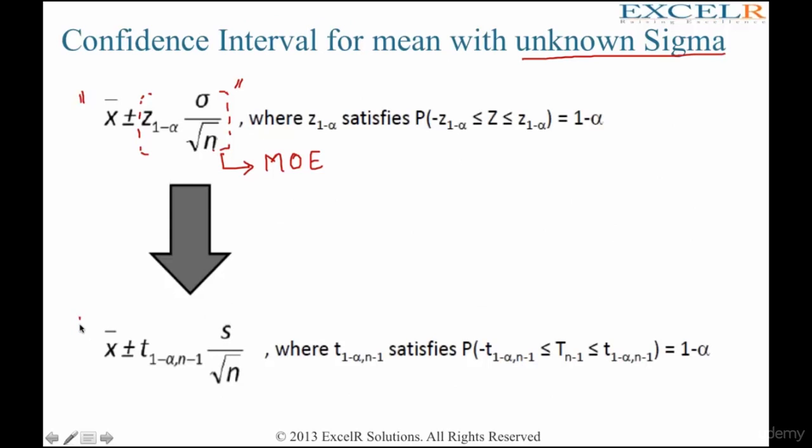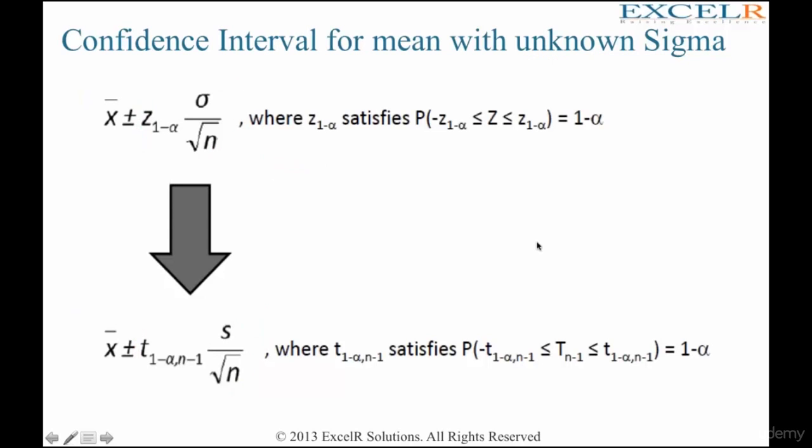And the formula is as follows. It's more or less the same. It's x bar plus or minus this margin of error, the region changes. Since you do not know sigma, it's s over square root n. Here you have z distribution, here we have t distribution. That's the only difference. All right.